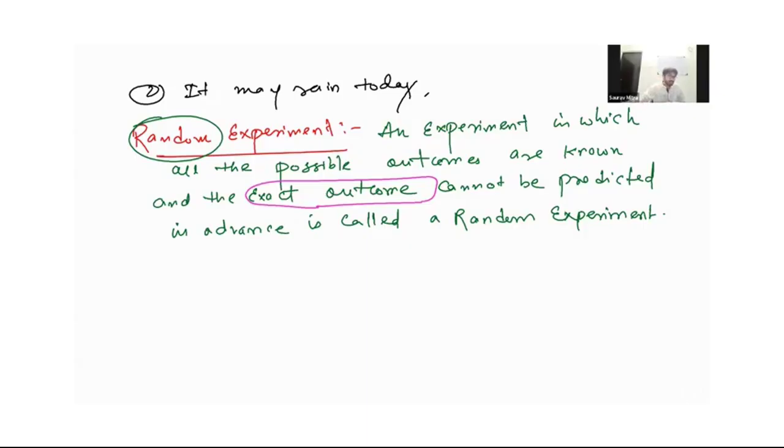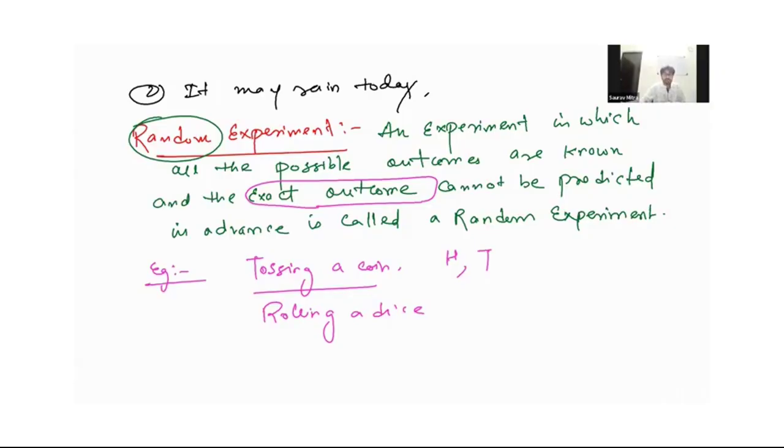Let us take an example in the context of this chapter: tossing a coin. This is a random experiment. We will get an outcome, maybe a head, maybe a tail. We don't know the exact outcome. Similarly, rolling a dice is also a random experiment.